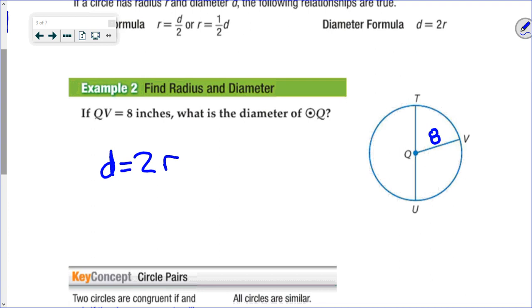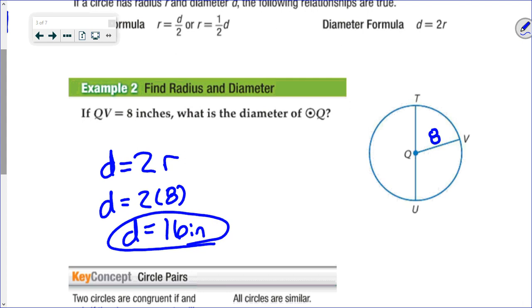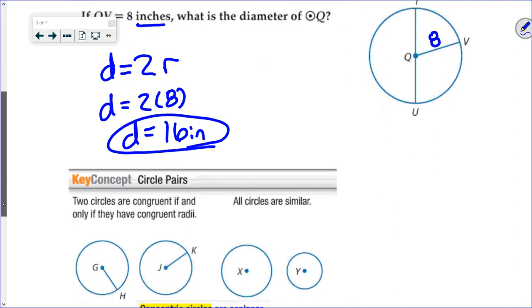Well, QV is a radius, so diameter is 2 times 8, which is 16 inches. If we're given units, we need to make sure we stay in our units. We're given inches, so 16 inches.